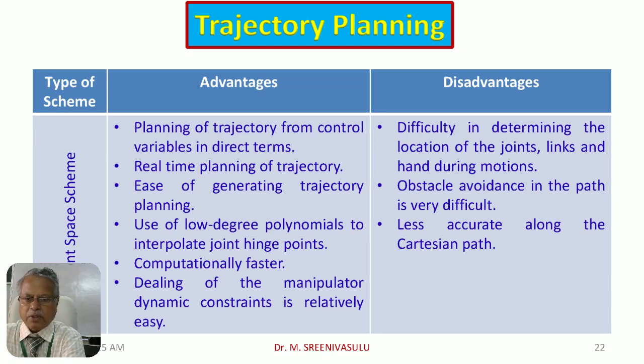Even if it is possible, it is a bit difficult. Because of the unpredicted motion between the points, we are not in a position to satisfy the requirements of accuracy. It is less accurate. Though it is capable of satisfying some level of accuracy, when compared with Cartesian, it is a little less.